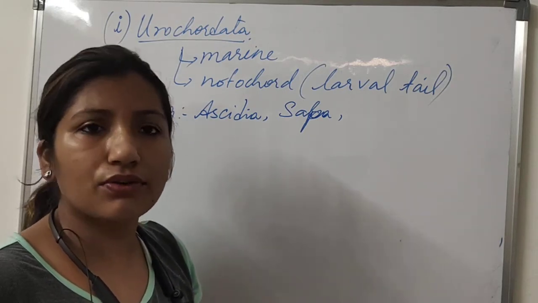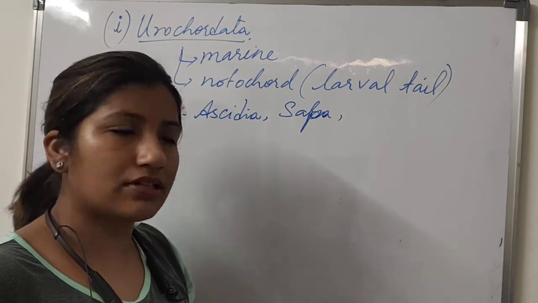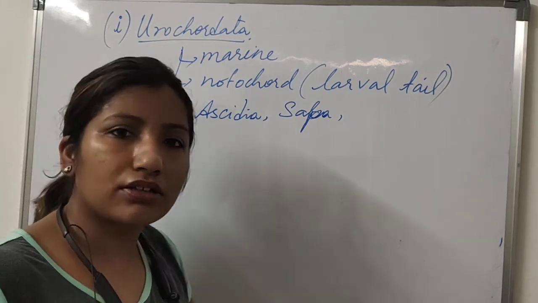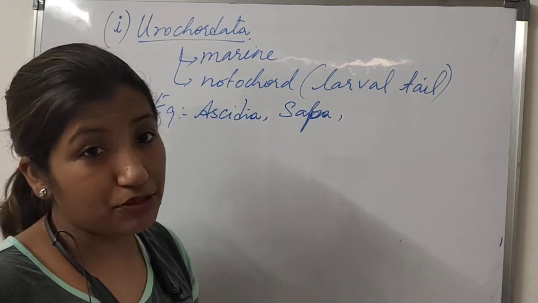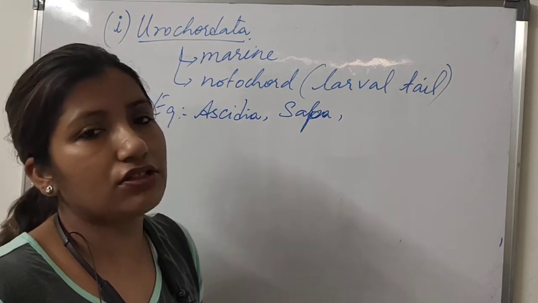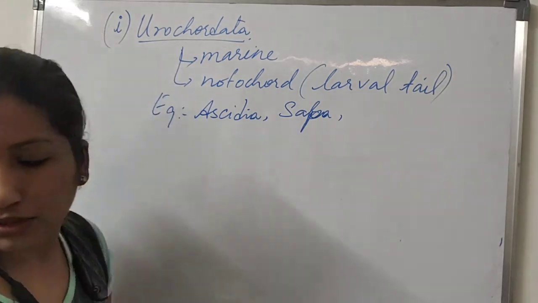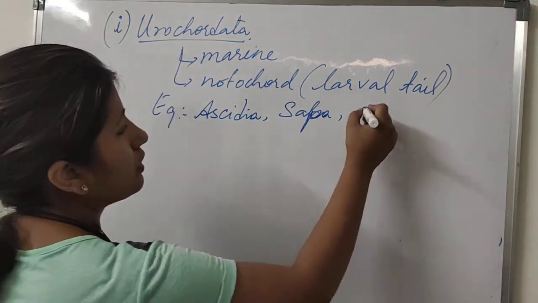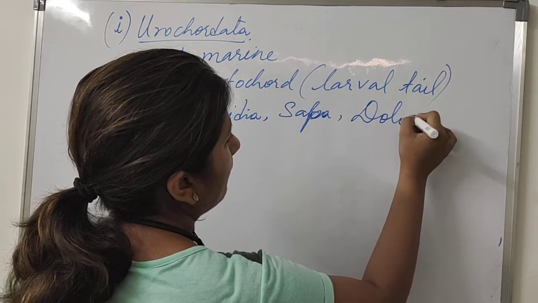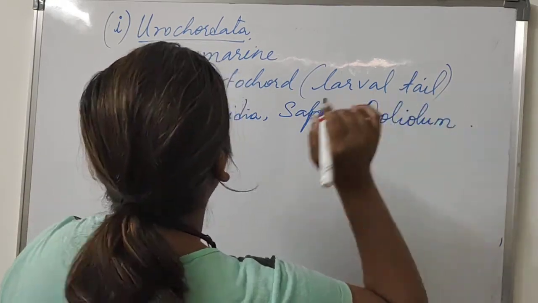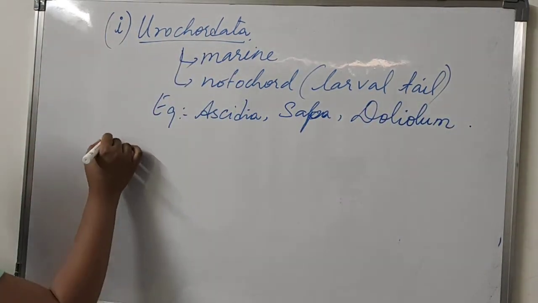So if you are interested, you can look up how Salpa and the other organisms look, whose diagrams are not given. Otherwise it is not necessary, but for your better knowledge, you can go for it. Salpa and Doliolum. These are examples of Urochordata.